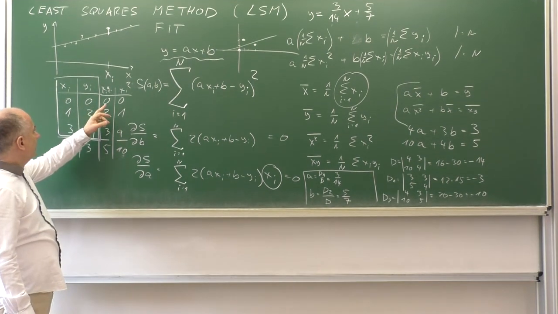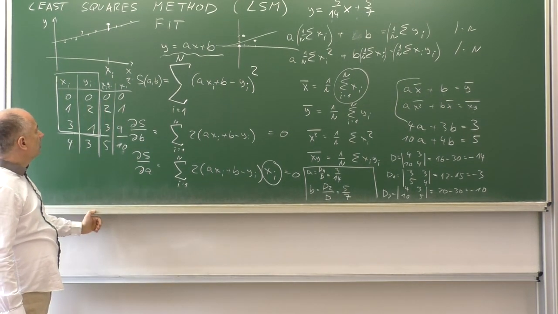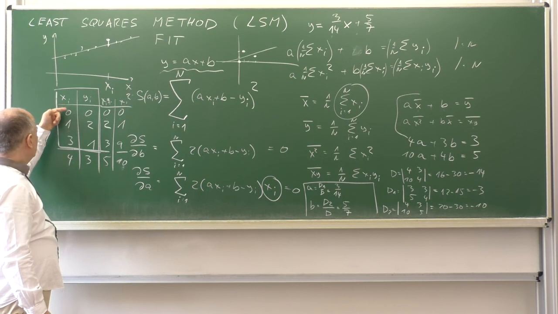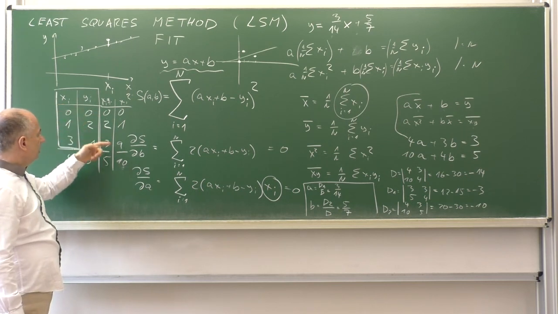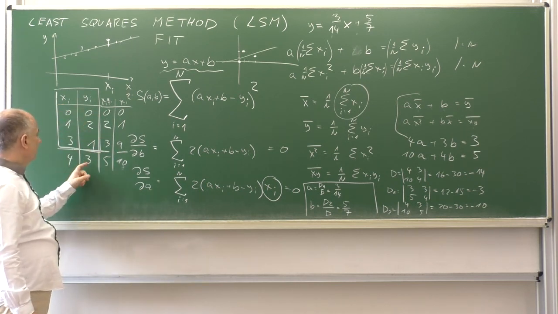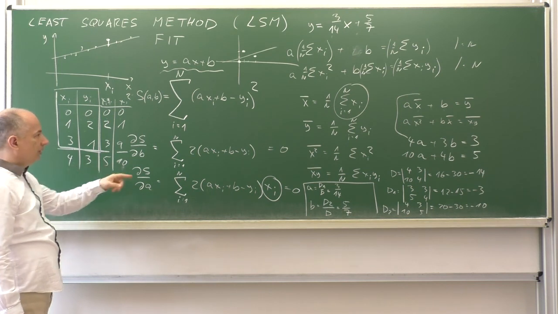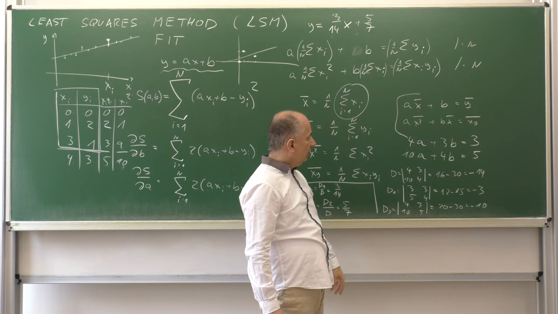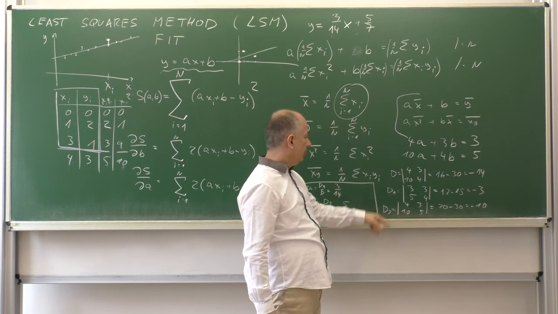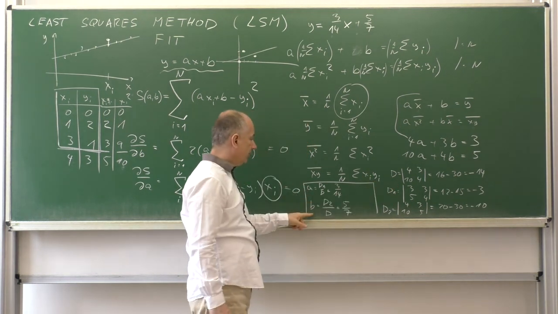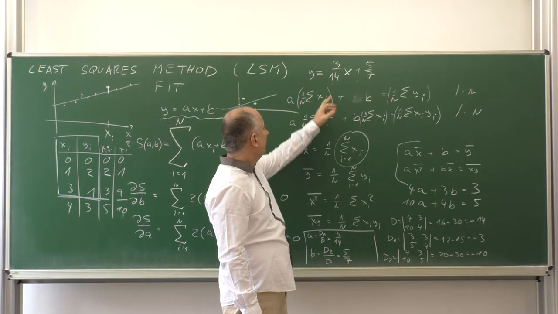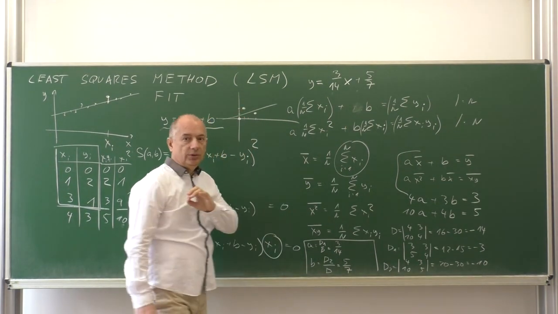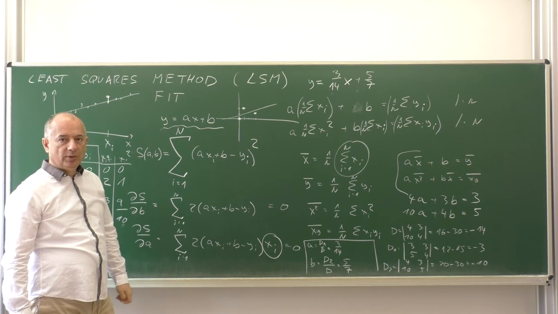So we prepare these columns in the table. We sum all the entries in individual columns, and we use these numbers to build this system of equations. We solve the system, say by Cramer's rule, and we have the parameters a, b, and then we have the equation of the line, which is the best fit through these experimental points.